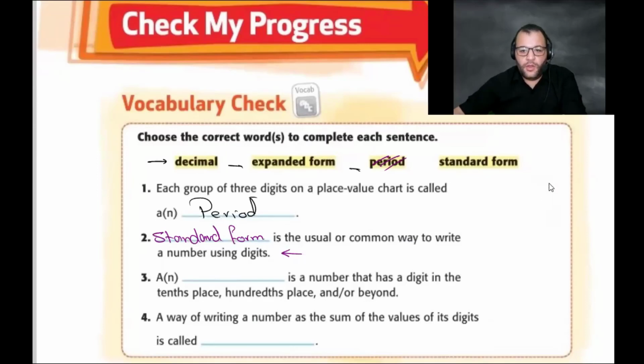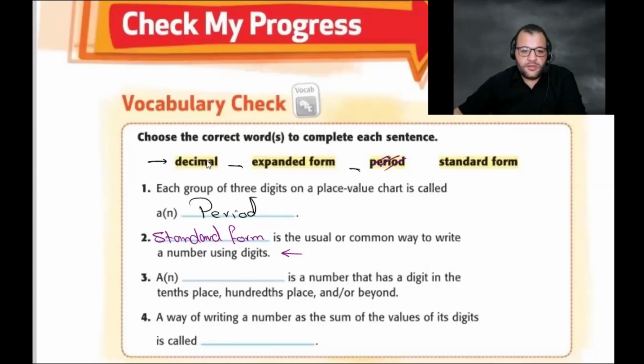Okay. So question number 3, we have Malik Krimni. A number that has a digit in the 10th place or 100th place and beyond. That's 10th or 100th or anything beyond that.